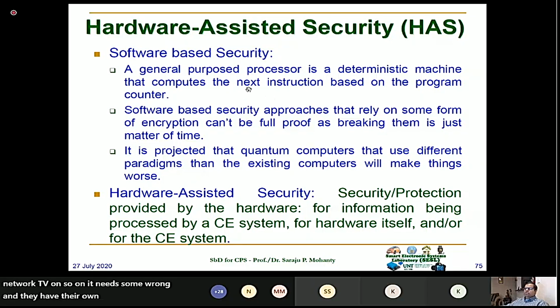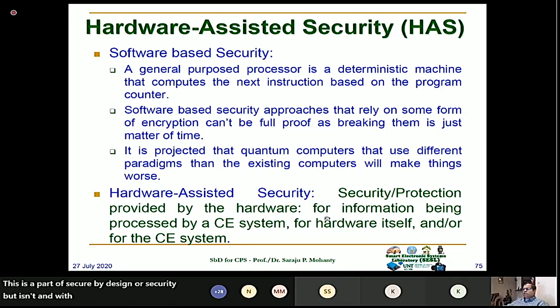Software can be broken; it's a matter of spending time. With quantum computing, software security will become further ineffective. So hardware assisted security has the potential to provide a foolproof solution, and this is a part of secure by design or security by design.